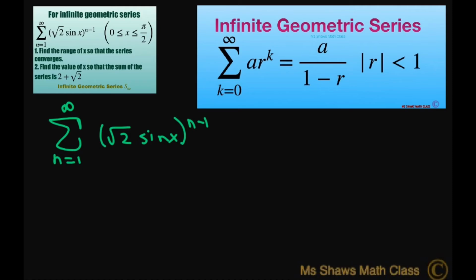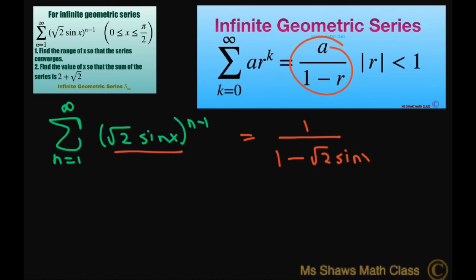And we already found that using this formula here, our first term is 1 divided by 1 minus, this is your common ratio, square root of 2 sine of x. And we want this to equal 2 plus square root of 2.